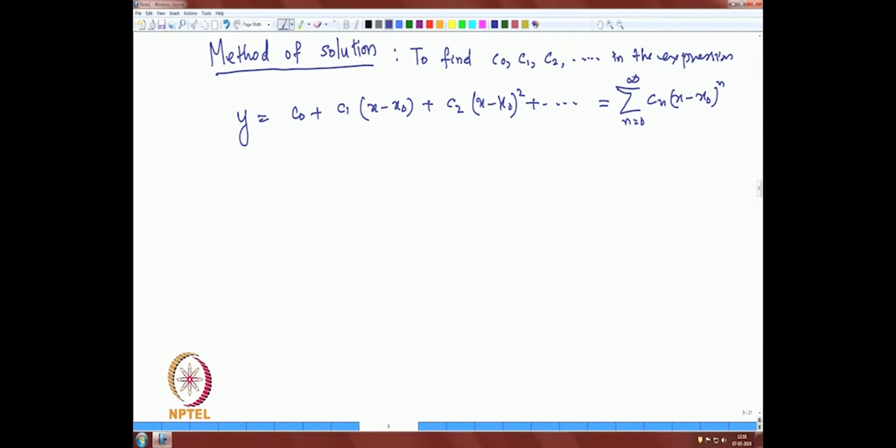So, our aim is to find these coefficients.